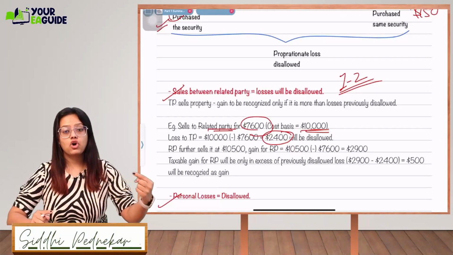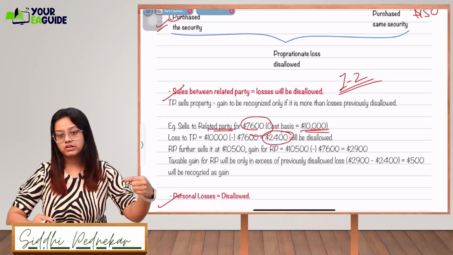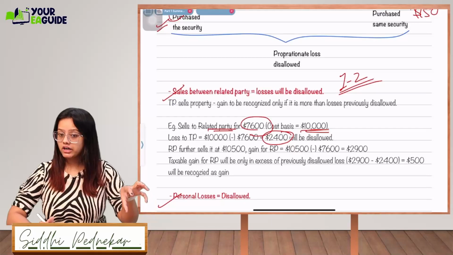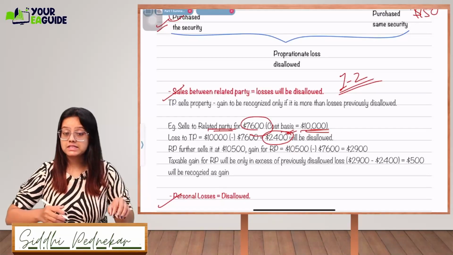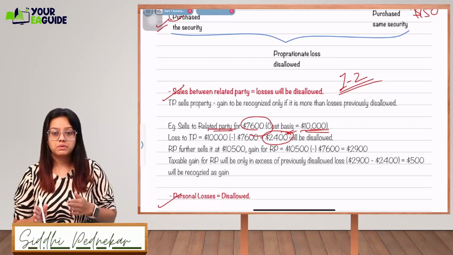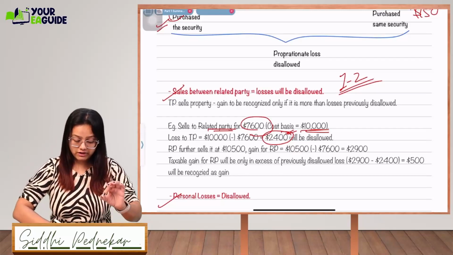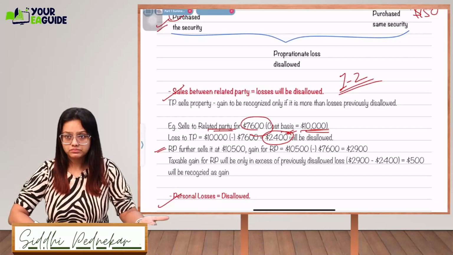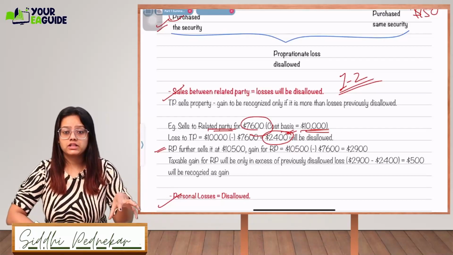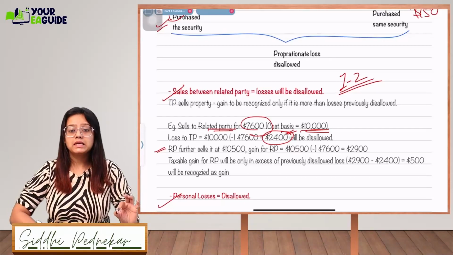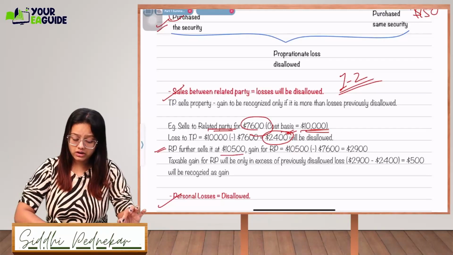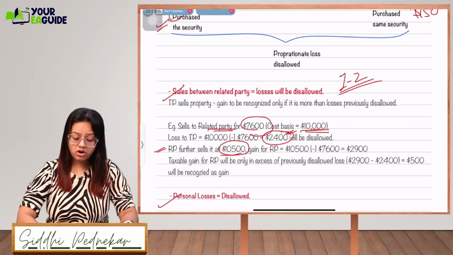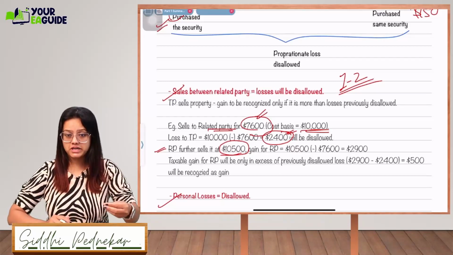But she has the option when she sells that property further in the market. Whatever is the gain, she can reduce her gain by this previously disallowed loss. So if the related party further sells it at $10,500, what will be the gain she incurs? $10,500 is the selling price minus her cost, which is $7,600 because she paid $7,600.